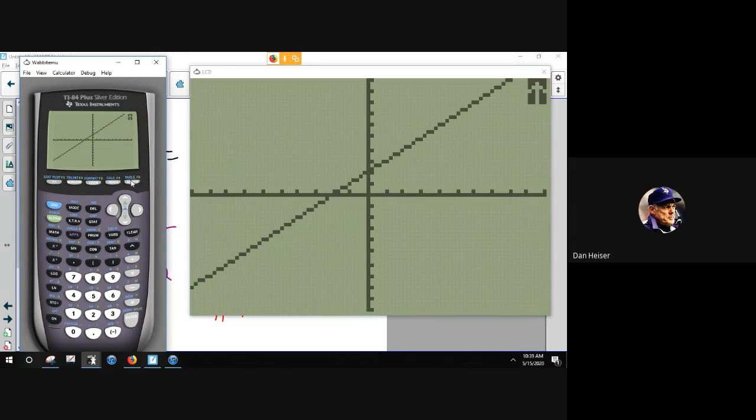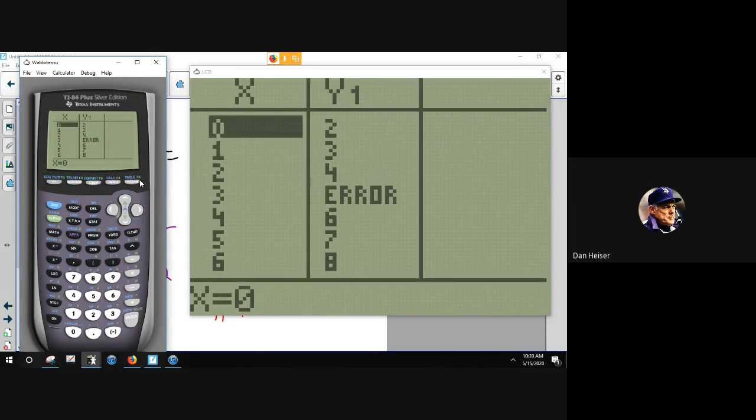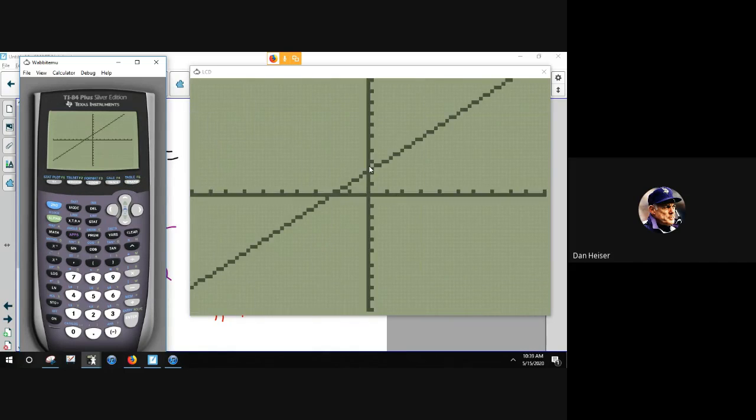Second table. Uh-oh. X equals 3 says error. There's a hole there. Because the calculator doesn't like holes, and because the hole is such a very small point compared to all the points here, it just kind of sort of connects it anyway.